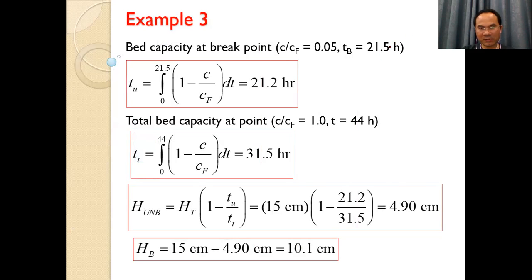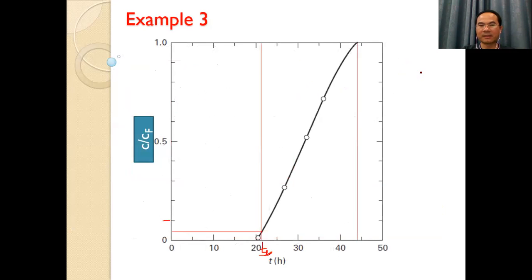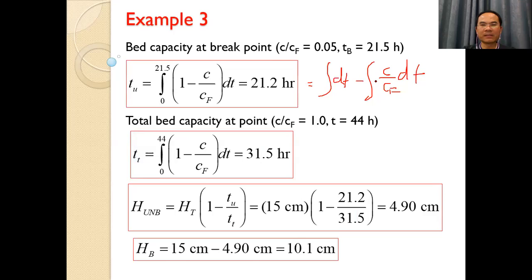And then you can calculate TU. TU is the integral from 0 to 21.5 of (1 minus C over CF) dt. This is approximately the integral of dt minus the integral of C over CF dt. For the first term, the integral of dt, you get 21.5 minus 0.